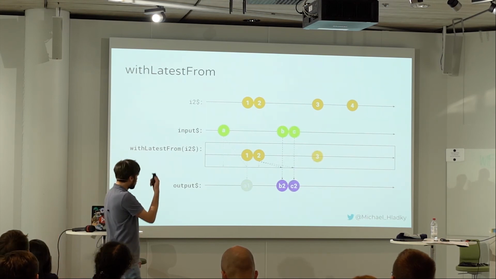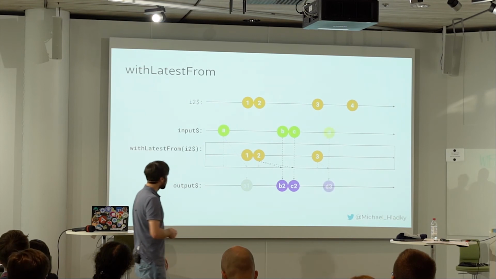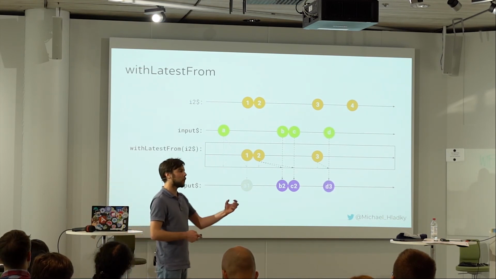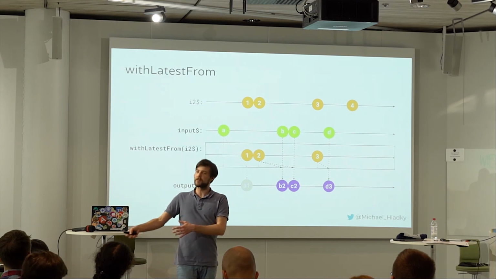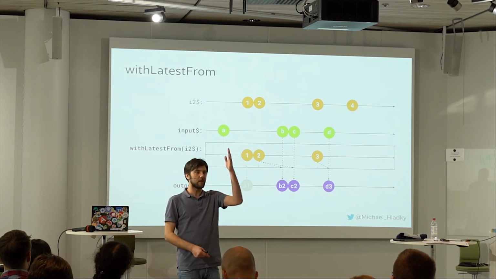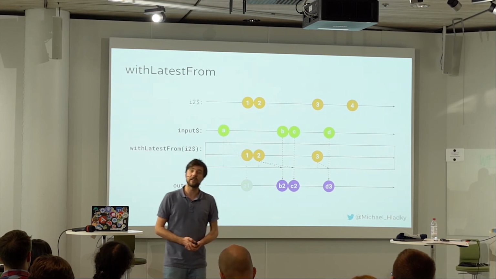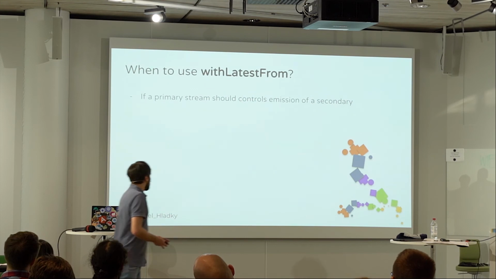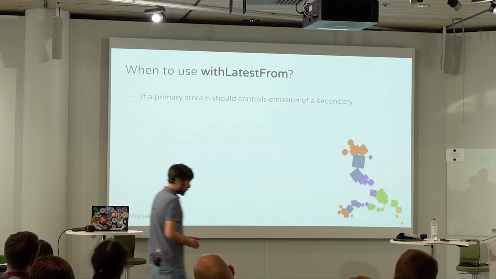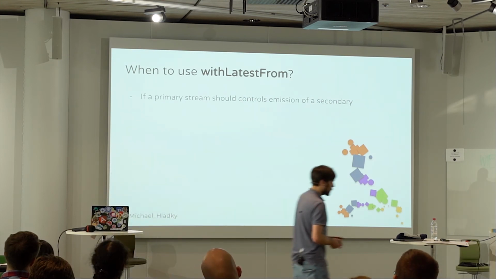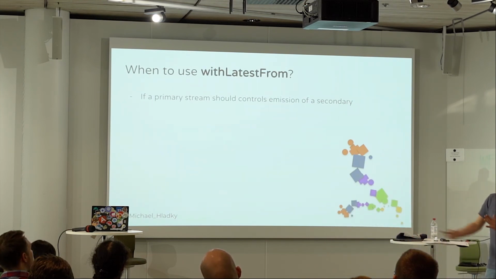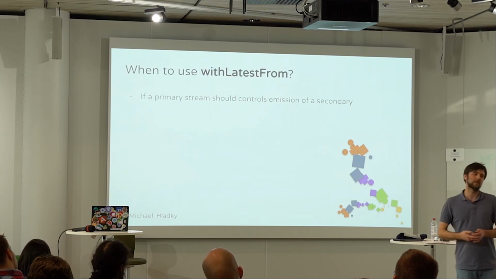Some other variations here, but as you will realize, they work pretty much the same. I always try to get the last emitted value from my internal observable whenever my input observable emits a value. Use with latest from whenever I have a primary stream that should trigger receiving the emission of a secondary stream.